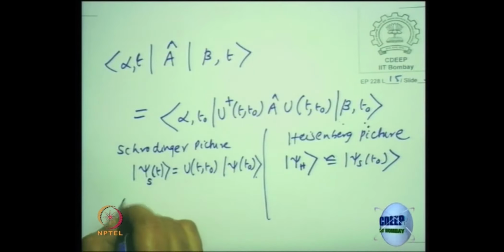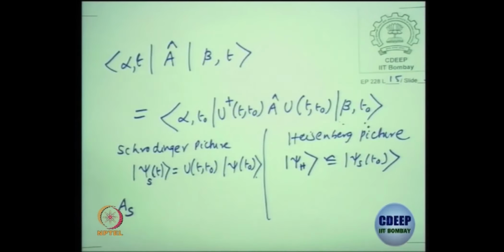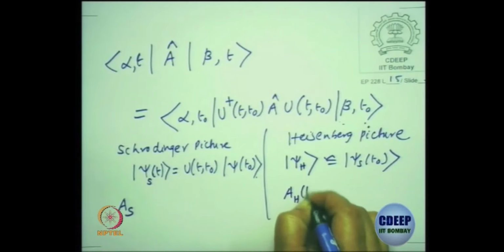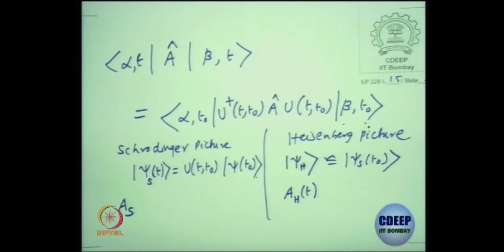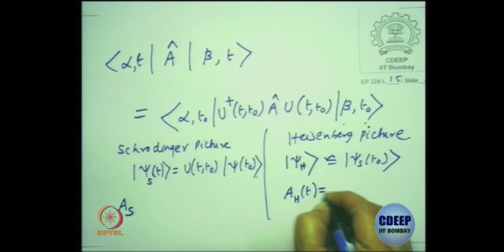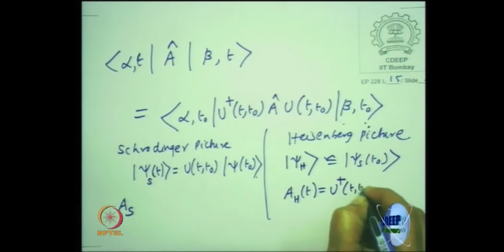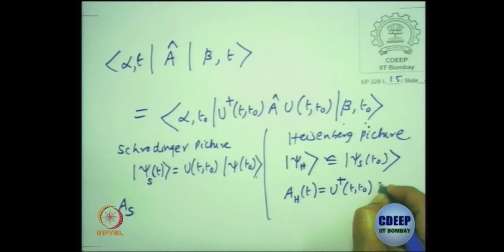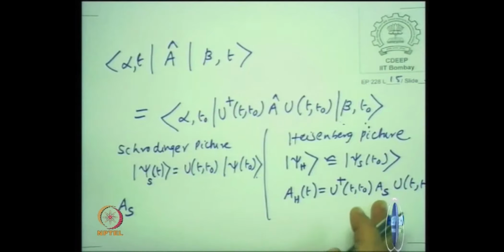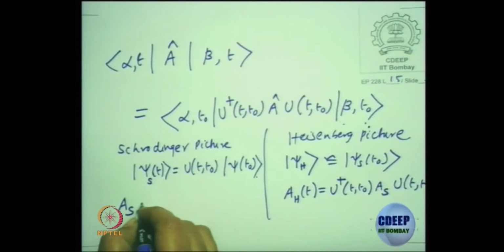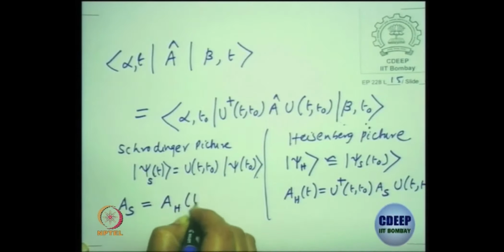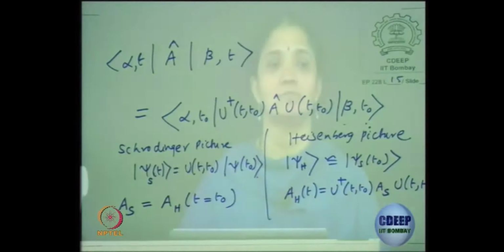So any operator here which I write as A_H of t will be U dagger of t comma t naught, A, U of t comma t naught. The operator is frozen here.